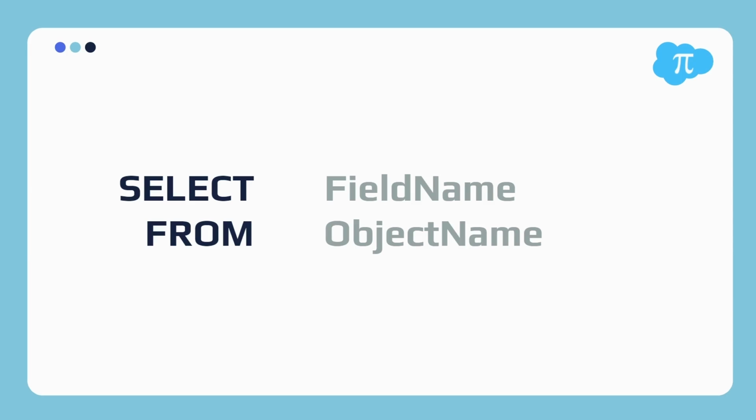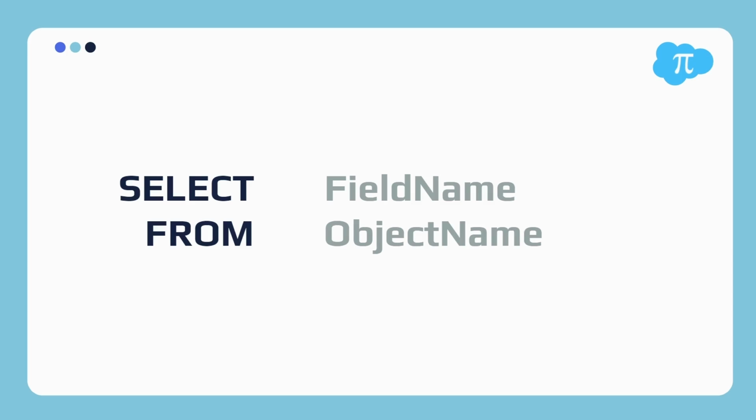In Salesforce, the columns are called fields and the table is called an object. So if you want to query data from Account, and you want its Id, Name and Industry, it goes: SELECT Id, Name, Industry FROM Account.